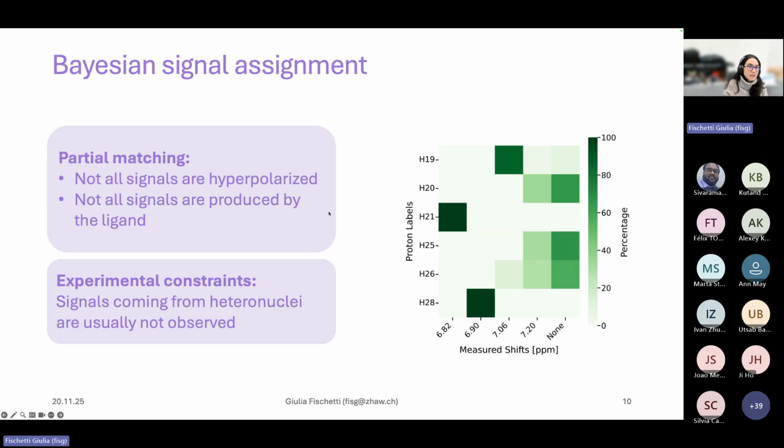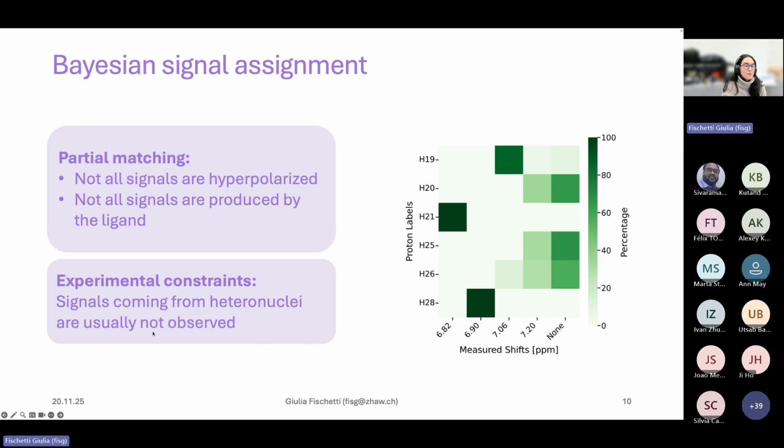Actually, some signals are not even there, since they are not hyperpolarized. And also, not all the signals are potentially produced by the ligand. There could be some residual solvent or water peaks. So it's important to be able to match just the peaks that we are interested in with the label for the hydrogens.